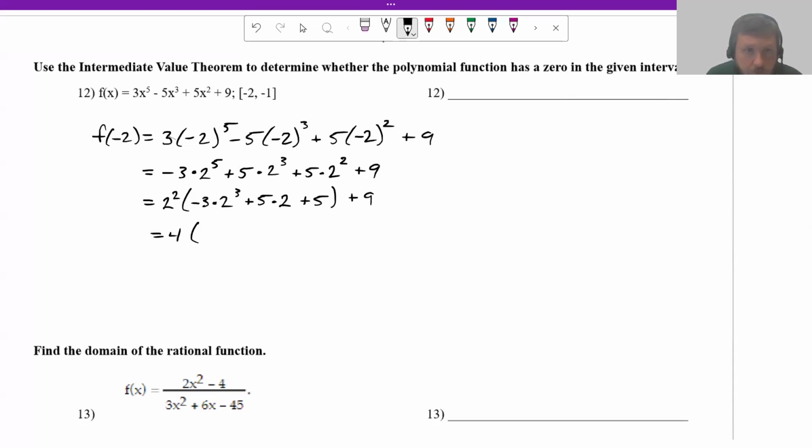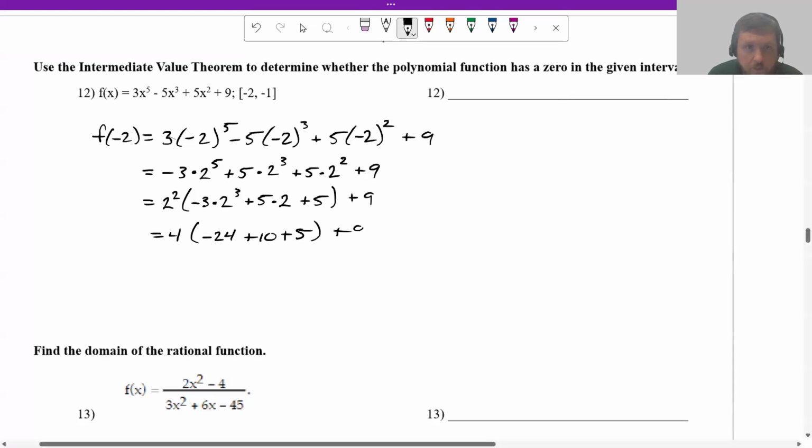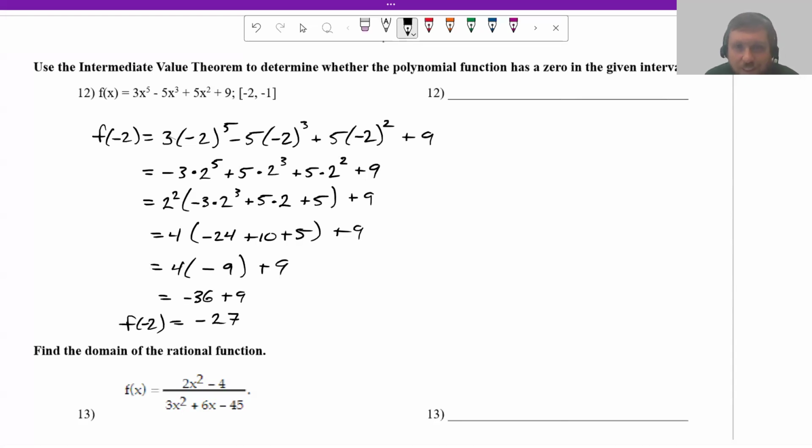So now I don't have to think so hard. So that 2 cubed, that's 8. So that's -24 plus 10 plus 5. So let's see. So that's, how about -9? All right. So f of -2 is -27.